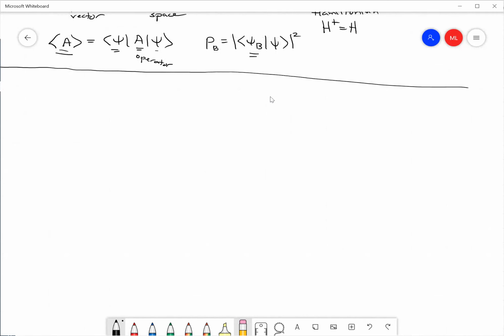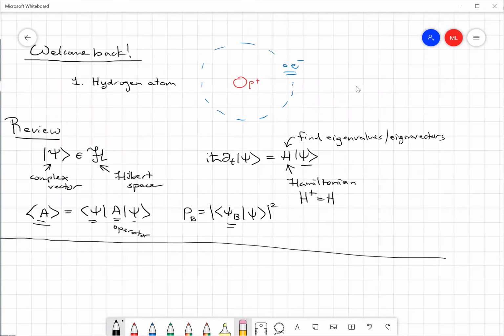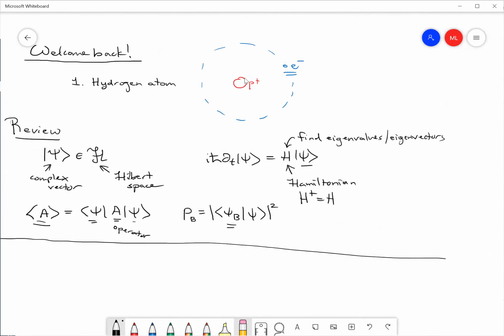To begin, let's remember: if we think about the proton, it's much more massive than the electron. So it's sort of like a stationary object, and the electron whizzes around it, in 3D of course.